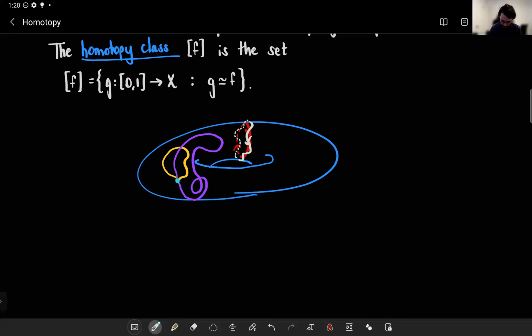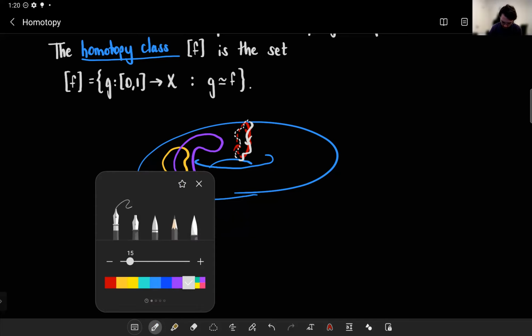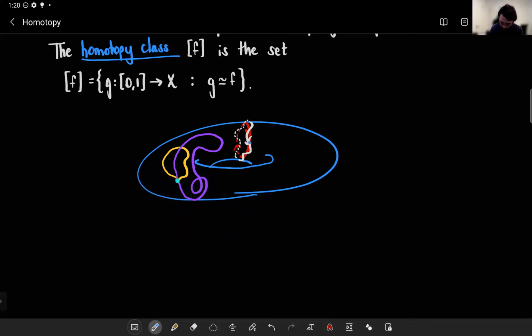And it's in the same homotopy class as, running out of colors here, let's just use blue maybe. I could do really wacky things. I could go all around, but as long as I circle once, I'm fine. It's honestly hideous, but you're allowed to stray if you want. The only thing that matters for being in the same homotopy class is, do you fundamentally do the same thing? In this case, the same thing means loop around that part of the donut.